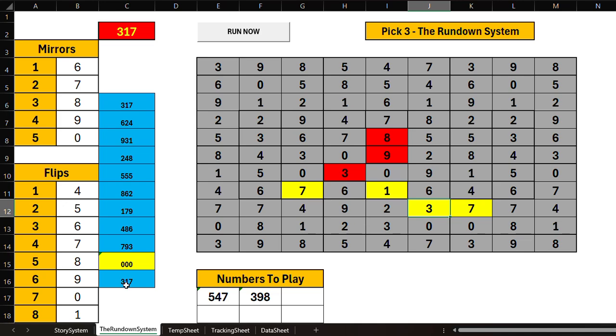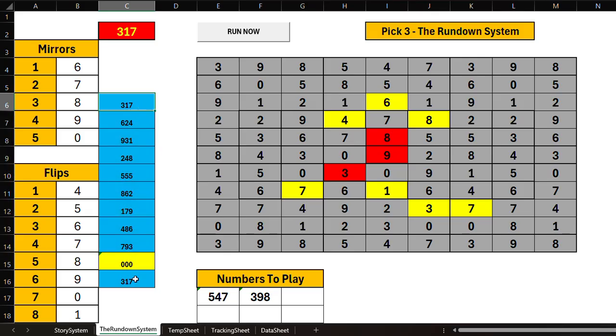So 317, before that should be the 6, 486. See, 486 is right here. So 486 came from 317, 6 to the 7. So sometimes it seems like they're out of order.